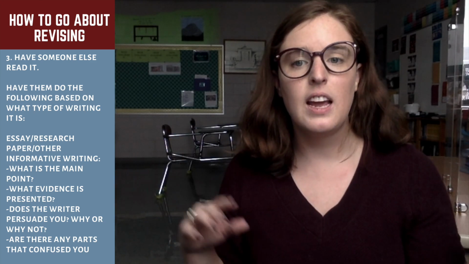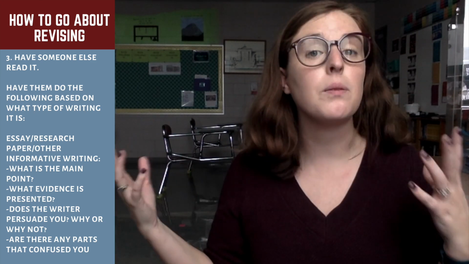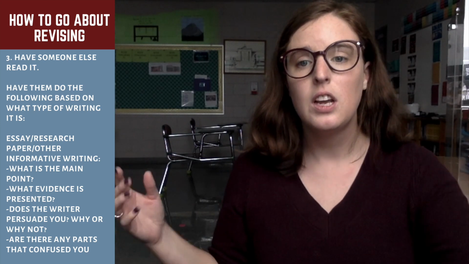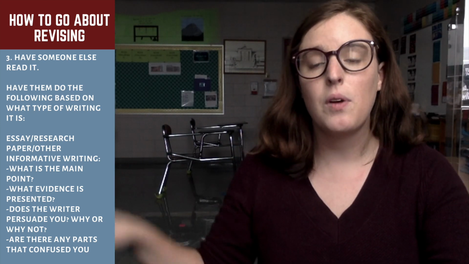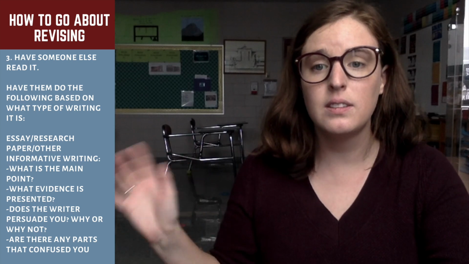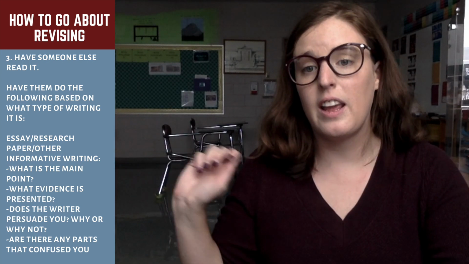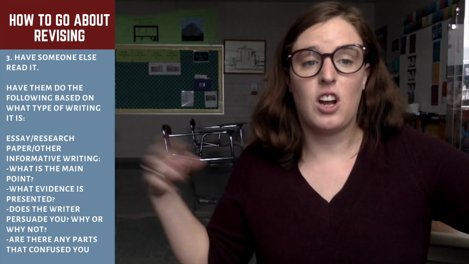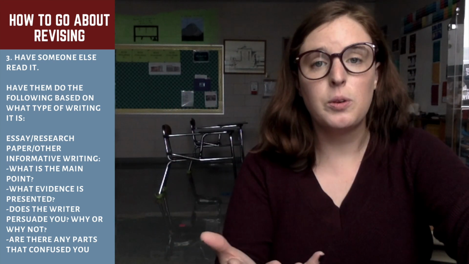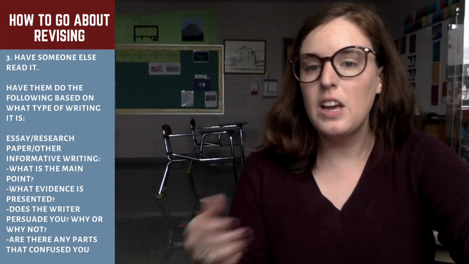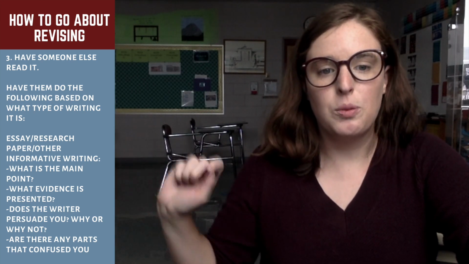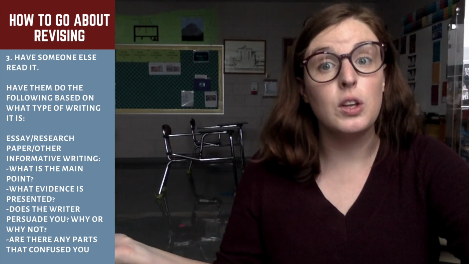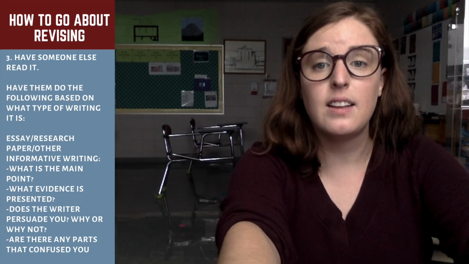If it's an essay, a research paper, or some sort of informative piece, you're going to have them write what they think the main point is, maybe circle or put a star near any evidence you have. Answer the question, are you persuasive or not? Do they follow what you're saying and you've convinced them of it, or no? And then they should mark any places where they're confused, because that means we need to add clarity there.